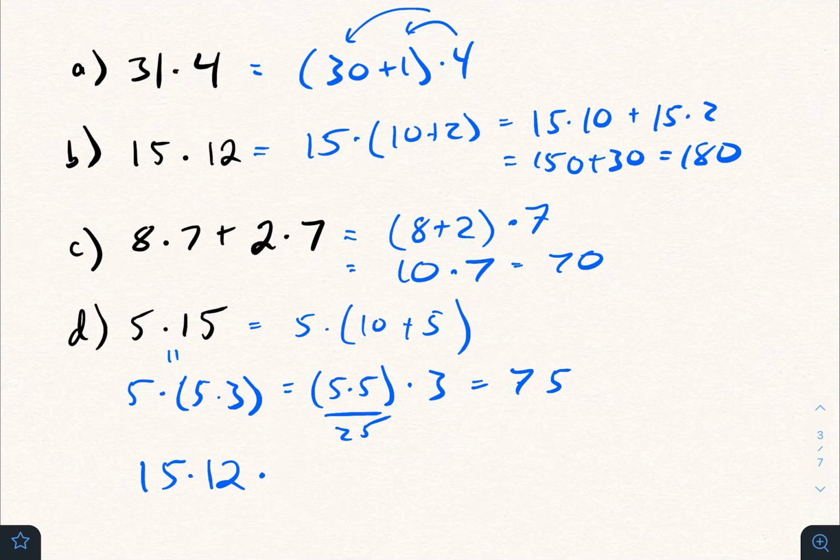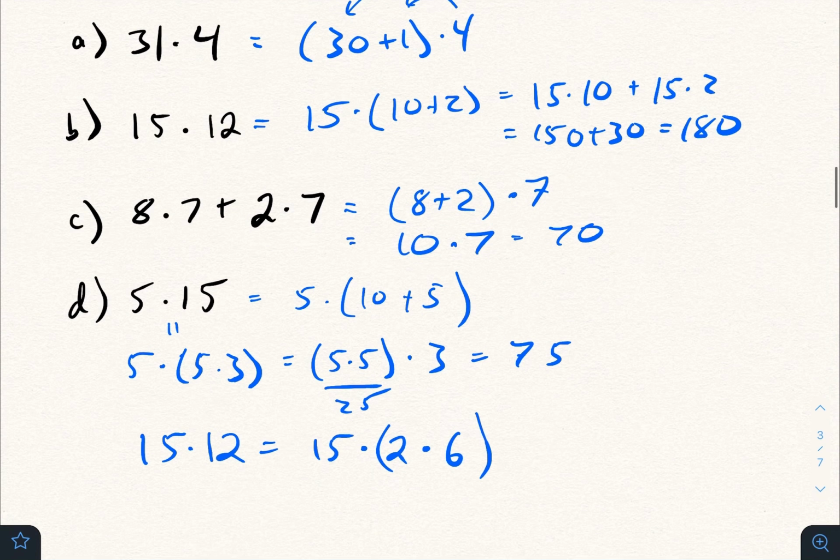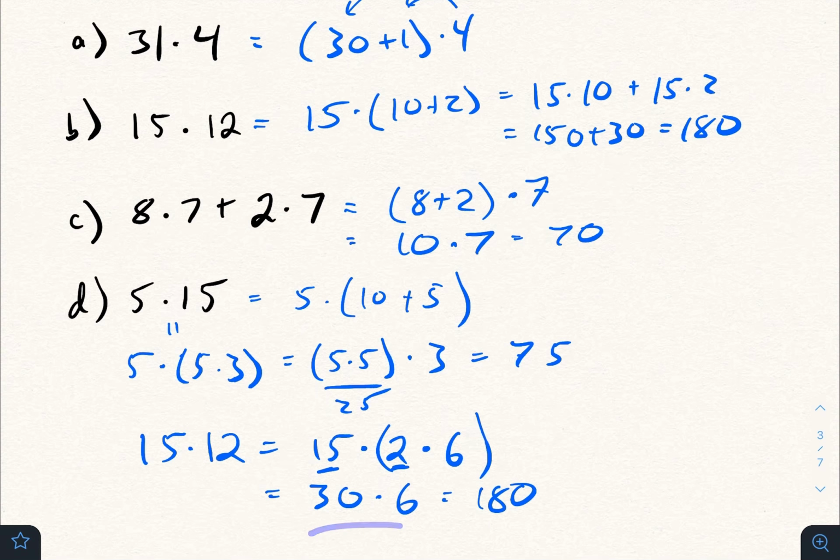So I could break this 12 up, so this is even, right? So I can break this up as a 2 and a 6. And so now I could just multiply this 2 by 15, and that makes 30. So now I have 30 times 6, which is 180. So that, again, is much easier to do in my head.